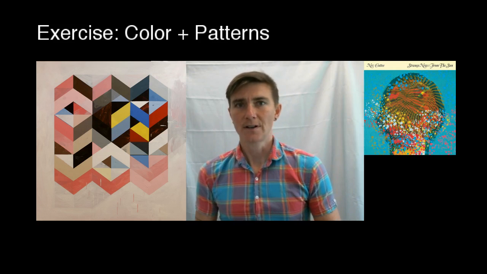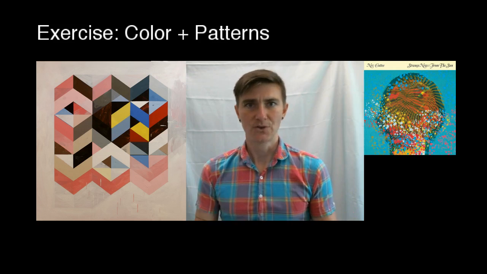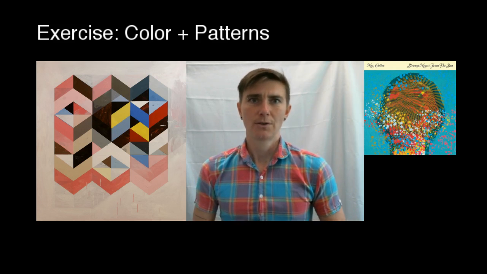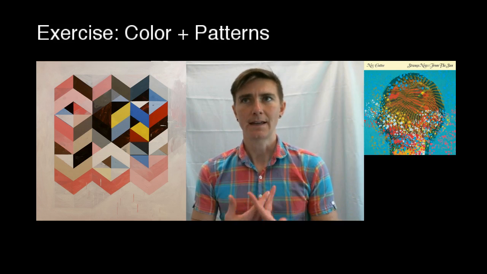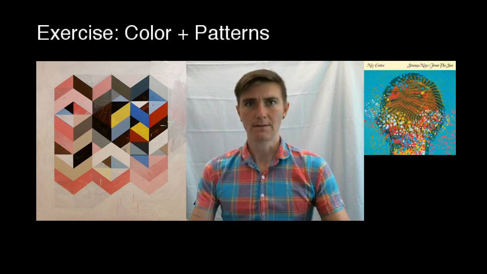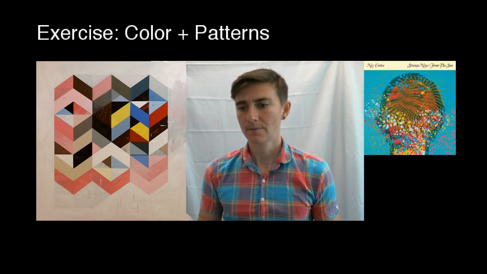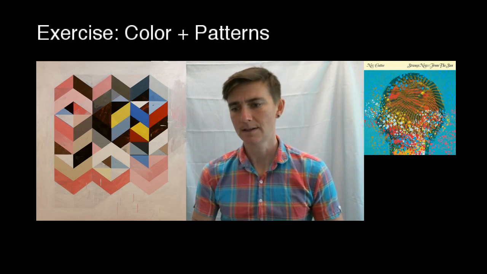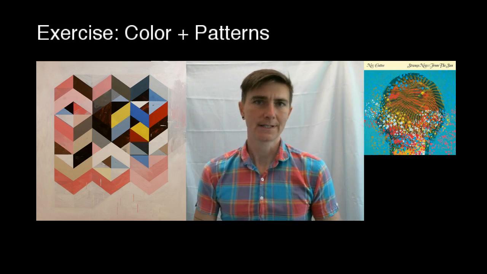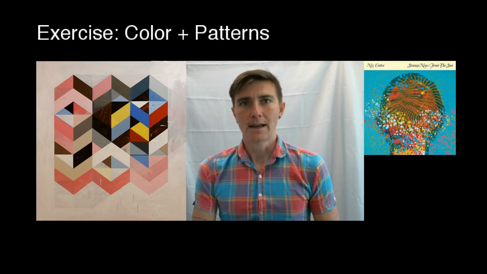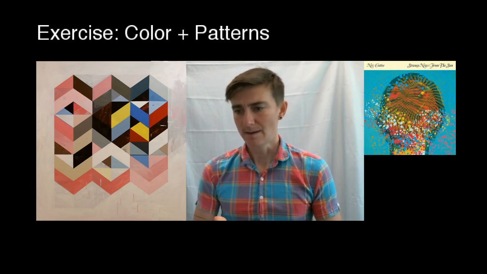And a good place to start with that is to actually abstract from an image or a form that is recognizable in this world. So the artwork that you see on the right, it's an album cover, but it's done by another contemporary artist, Kate Gibb. And as you can see with this image, it's very abstract.